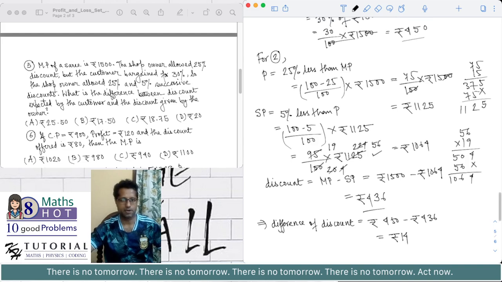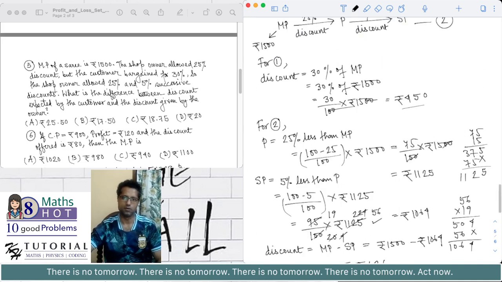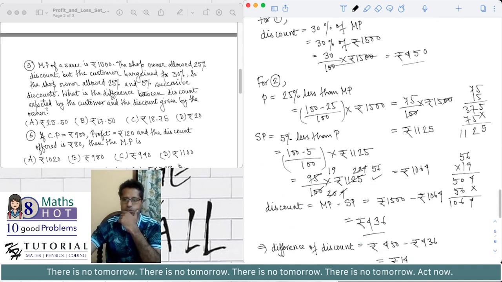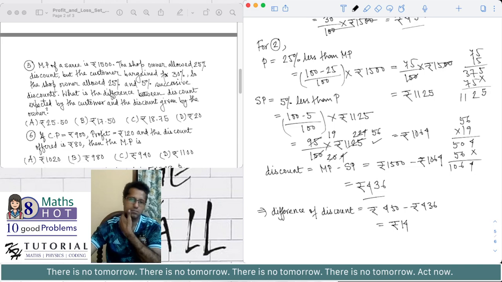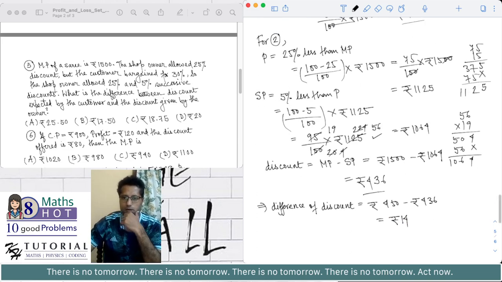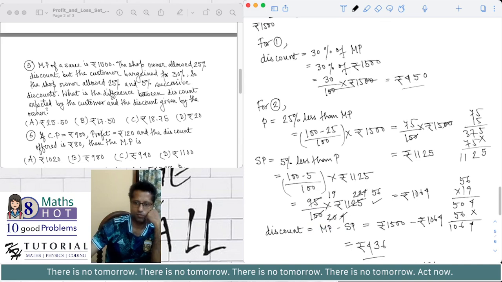And the customer bargained for 30% discount. In that scenario, the discount will be 30% of the mark price, which is 30% of 1500, which is 30 by 100 multiplied by 1500, which is 450. So 450 minus, let me check what is the discount for scenario 2. I could make some mistake.